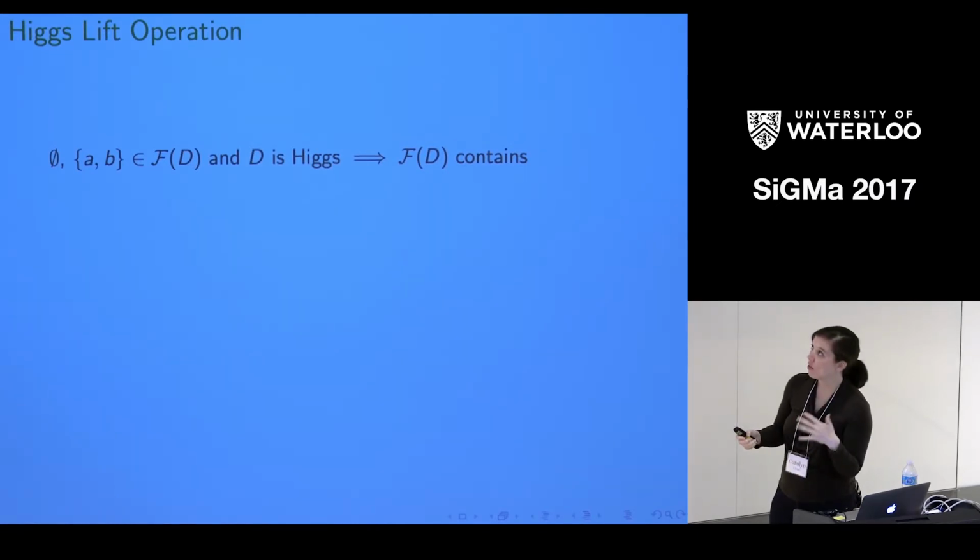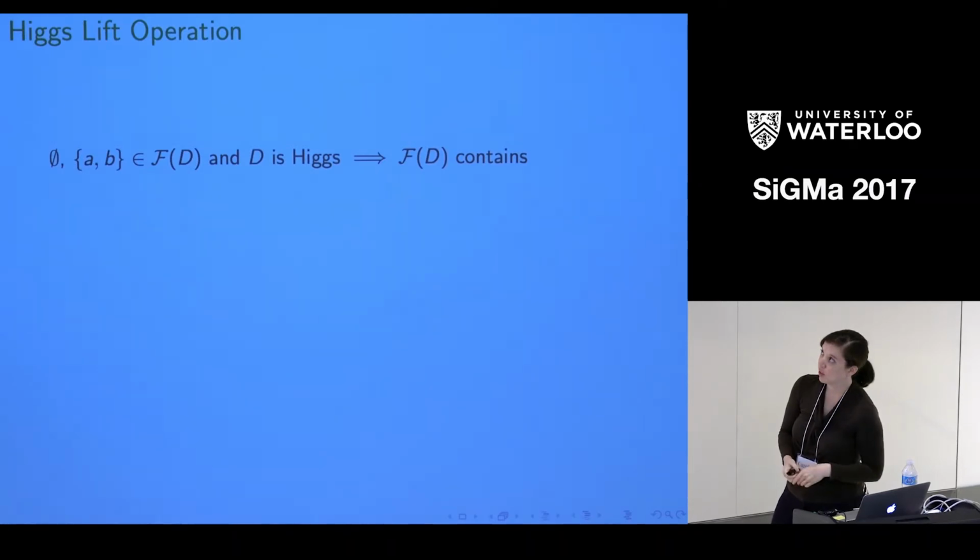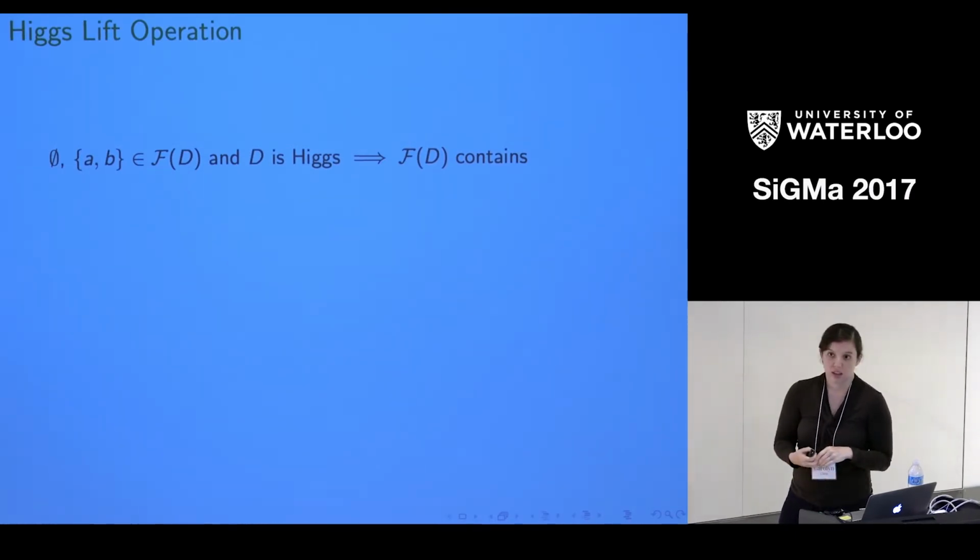For example, if we have the empty set being feasible, and we have the set AB being feasible, and it's a Higgs delta-matroid, then what other sets will be in that delta-matroid? Has anybody been paying super close attention?